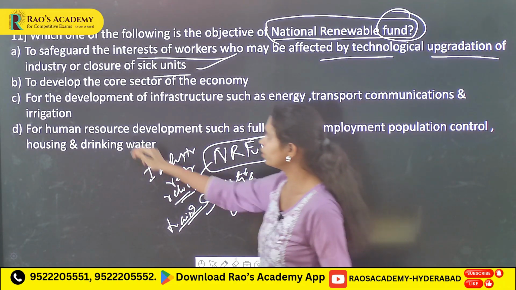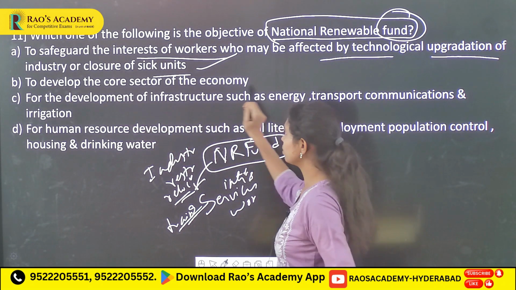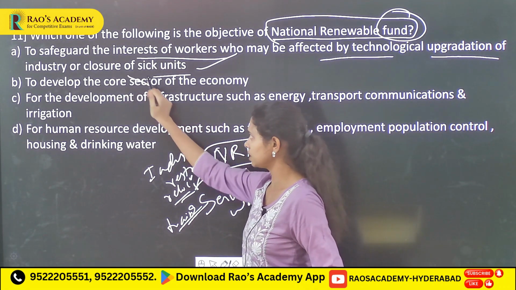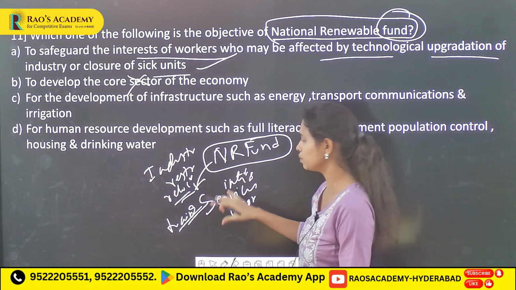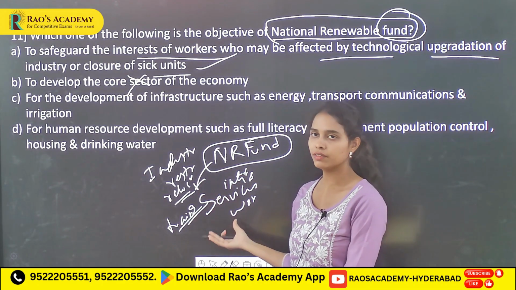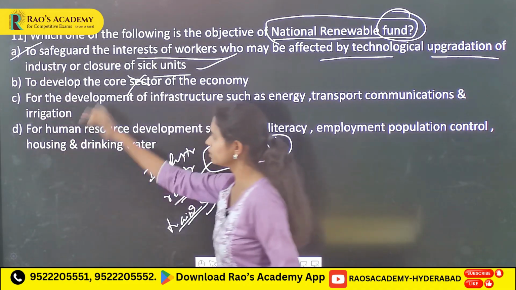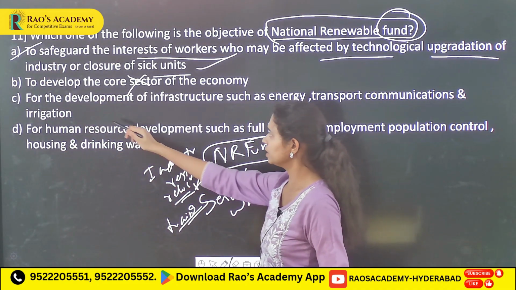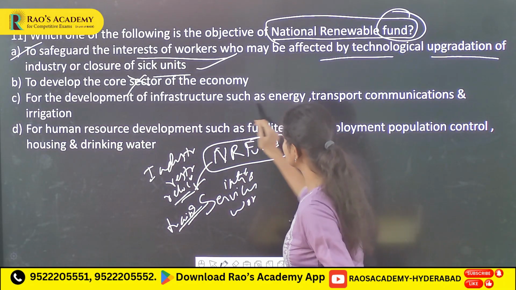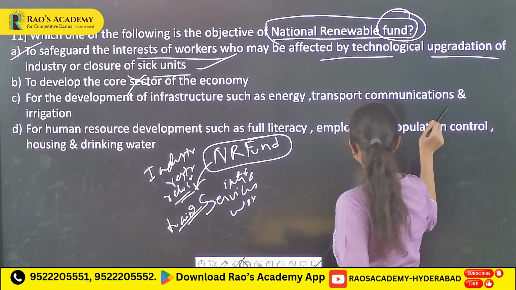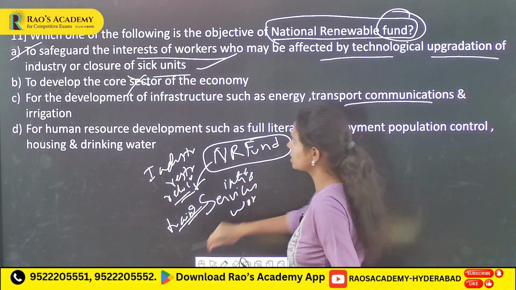Then followed by, to develop the core sector of the economy. It is not talking about the core sectors of the economy, it is greatly talking about providing different welfare services to workers. So here option A is the correct one. If you see the remaining statements also, the third one is for the development of infrastructure such as energy, transportation, communications, as well as irrigation.